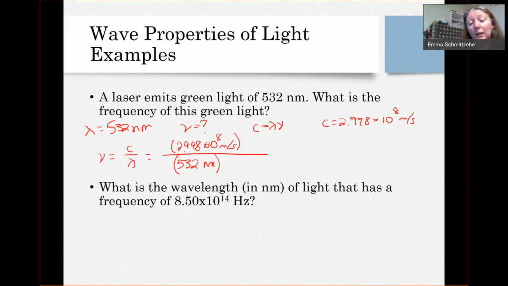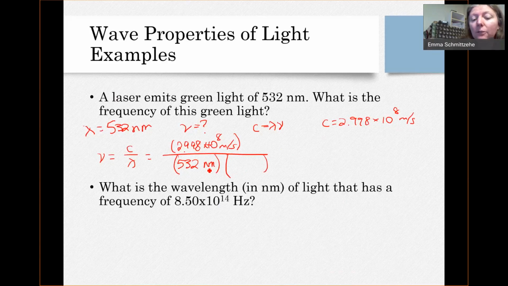Right now, things don't cancel. If we're looking for a frequency, it should come out in hertz or 1/seconds. But the problem is the meters and nanometers don't cancel. So either before you plug in those nanometers, you need to convert them to meters, or you can do it all in one.